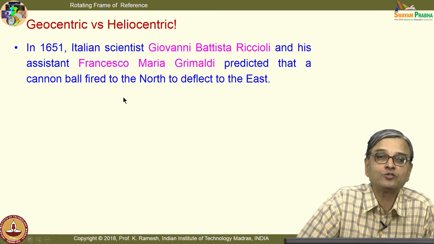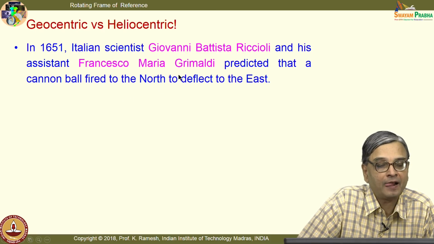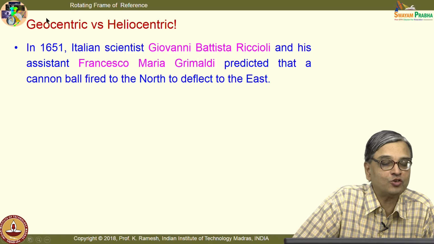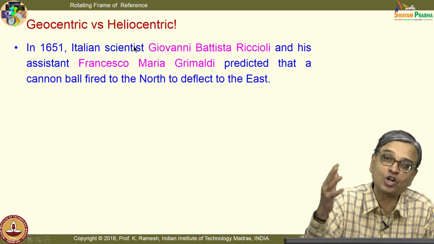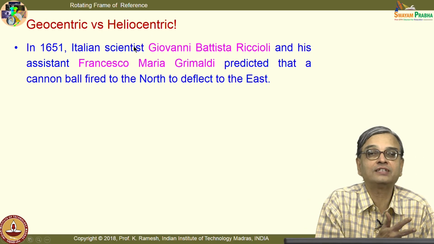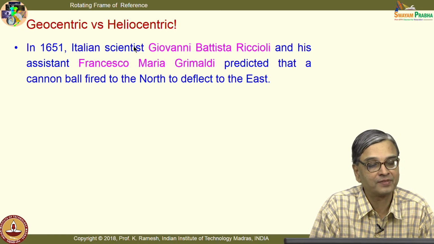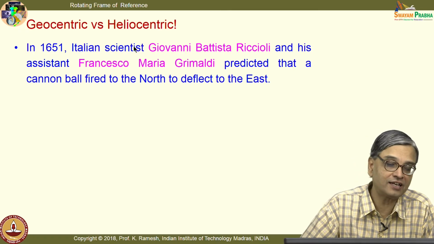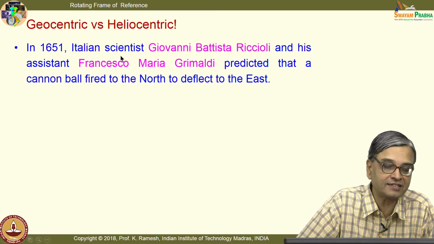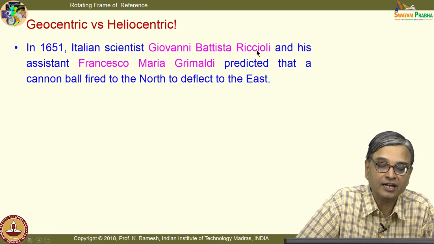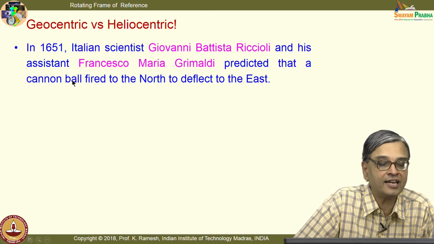And if you go back to historical development, the discussion of geocentric versus heliocentric is also wedded to the development of the Coriolis effect. Way back in 1651, the Italian scientist Riccioli and his assistant Grimaldi predicted that a cannonball fired to the north would deflect to the east.